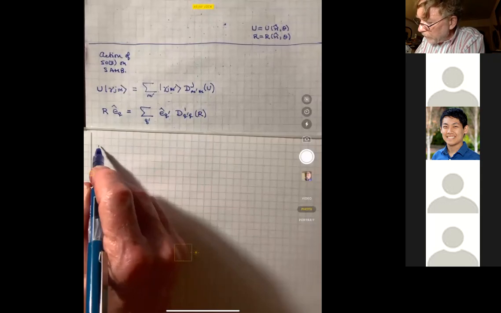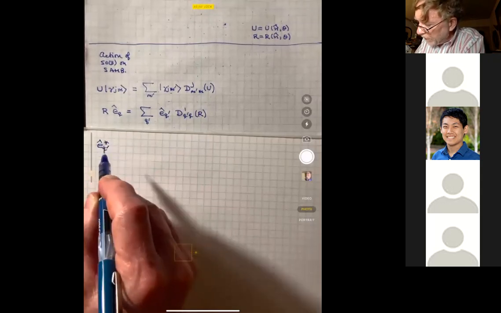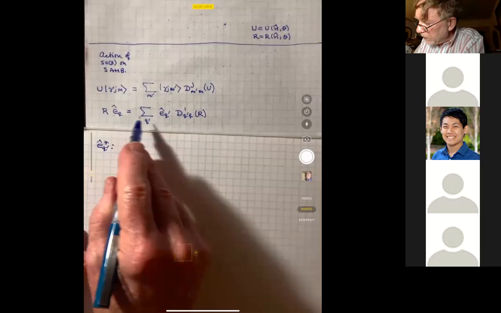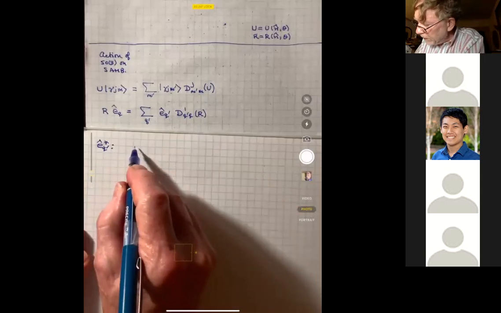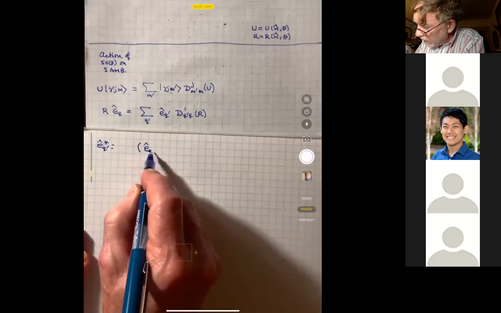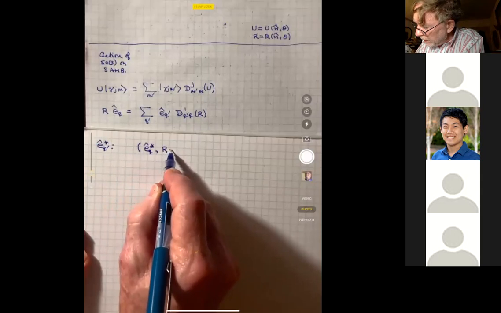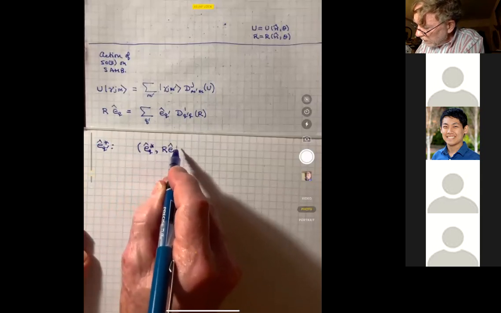Let's take this and form a dot product of e hat sub q prime, complex conjugate, on both sides of this equation. On the left-hand side, let me show the dot product like this with little round brackets: e hat sub q prime star, comma, R acting on e hat sub q.